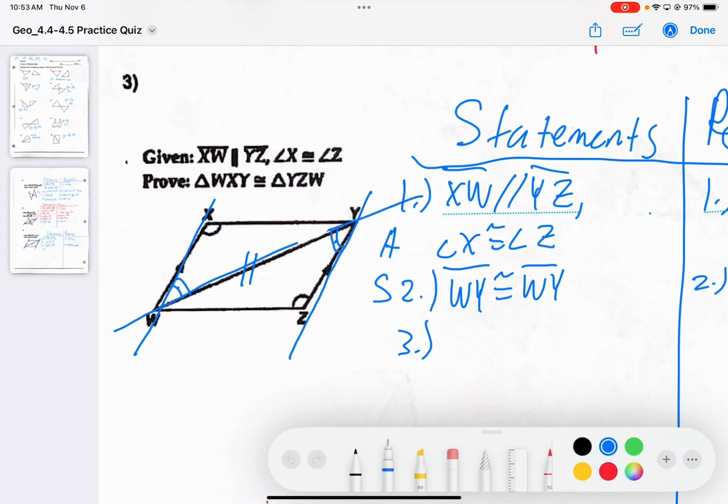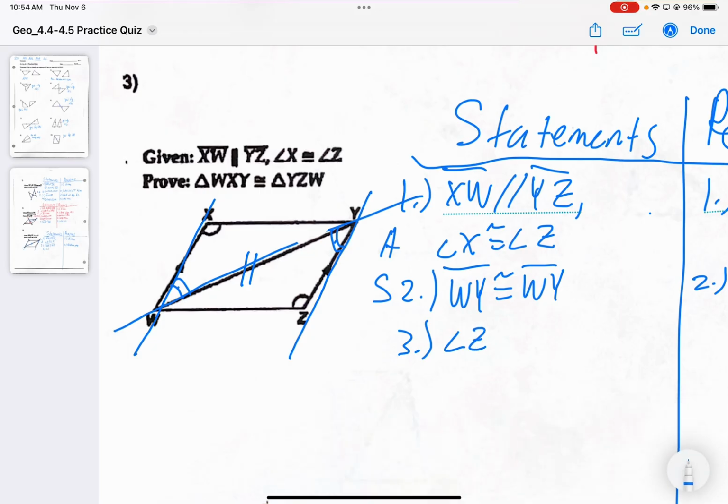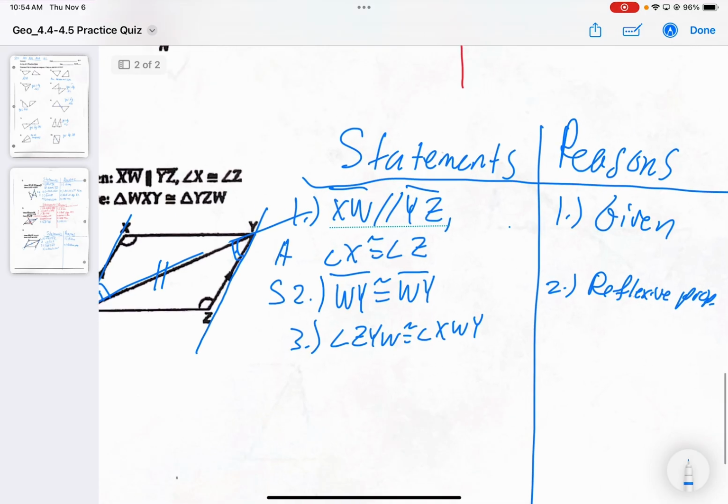I can't just say angle W and angle Y though. I have to say angle ZYW. Okay, ZYW is congruent to, what's the other angle then, Braden? YWX. Or XWY. Let's do that. And then the reason for that would be alternate interior angles theorem.